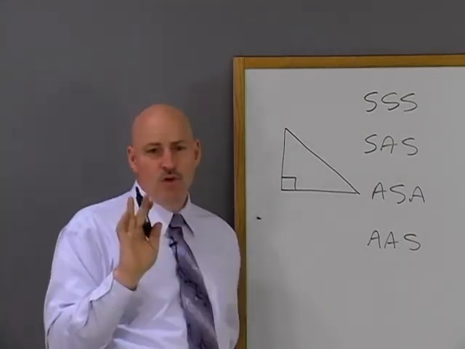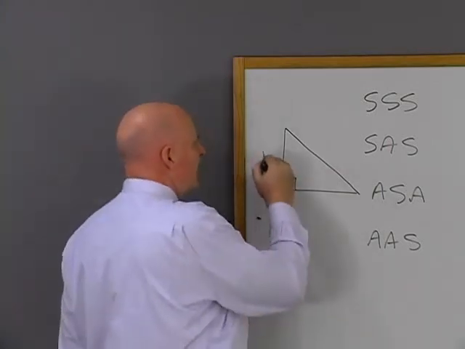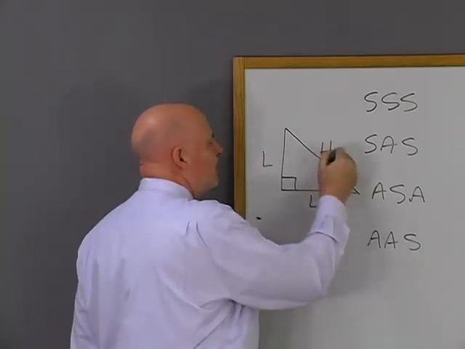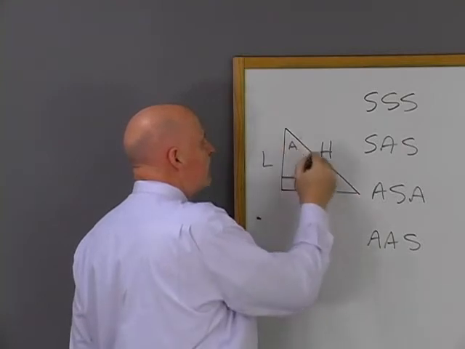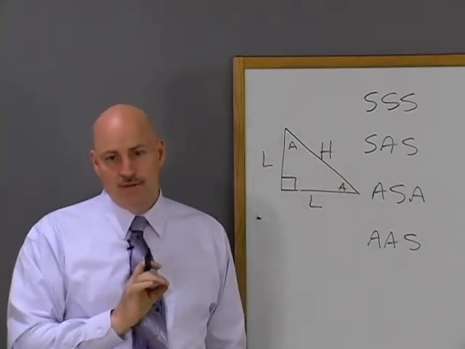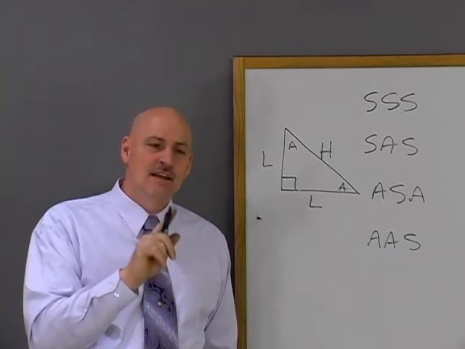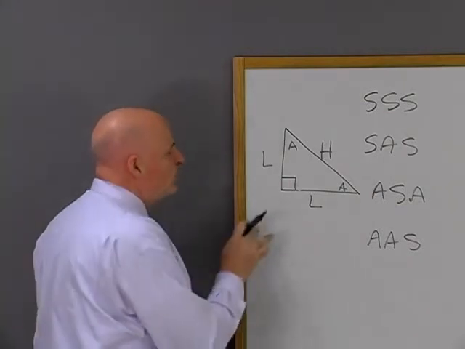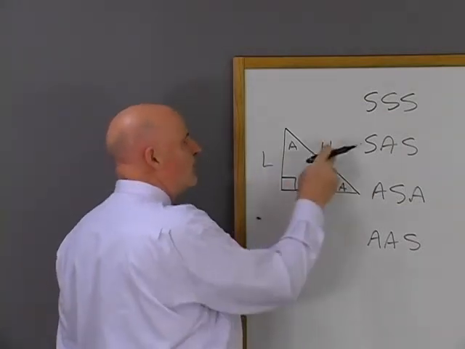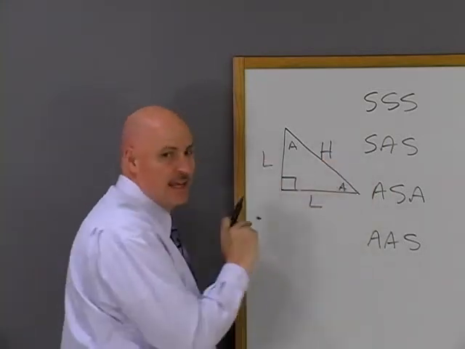But now we're going to do right triangles. Right triangles have legs, and they have a hypotenuse. They have two other angles, but you already know one of the angles, correct? In fact, because of the Pythagorean theorem, if you know these two sides, you can find the third side.